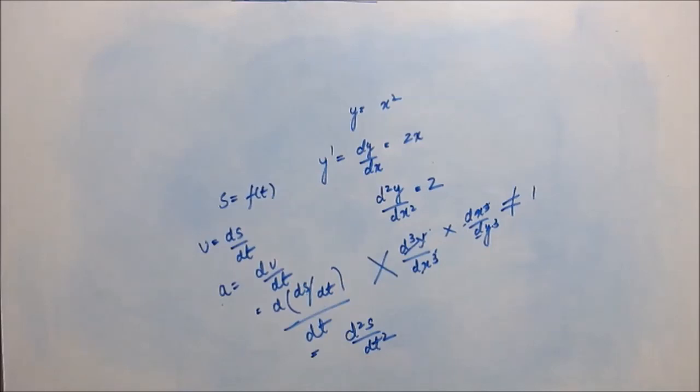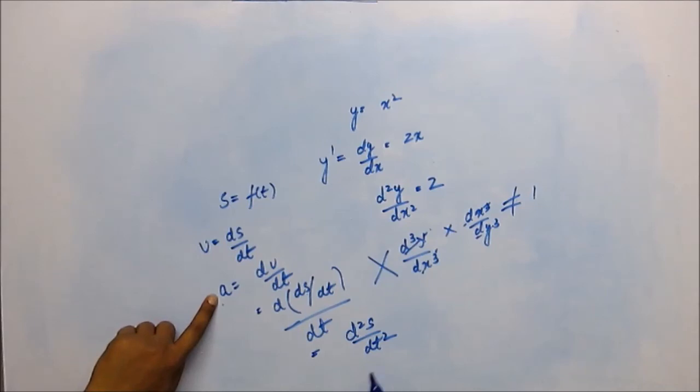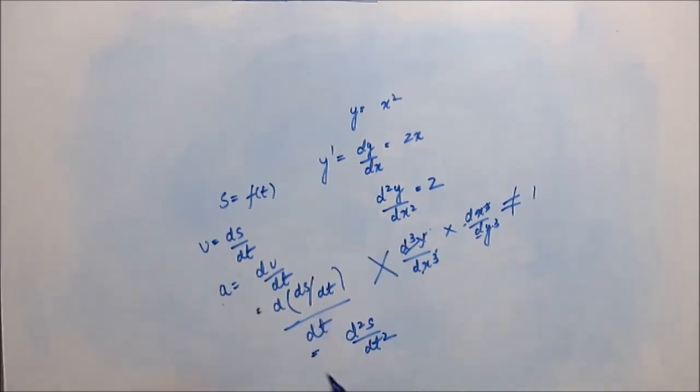Whatever you get out of it, you again differentiate that with respect to t. Now that kind of operation is represented as d square s by dt square. Now that is acceleration. So the first differential of displacement with respect to time is velocity. The second differential of displacement with respect to time is acceleration. You should take a note of that.